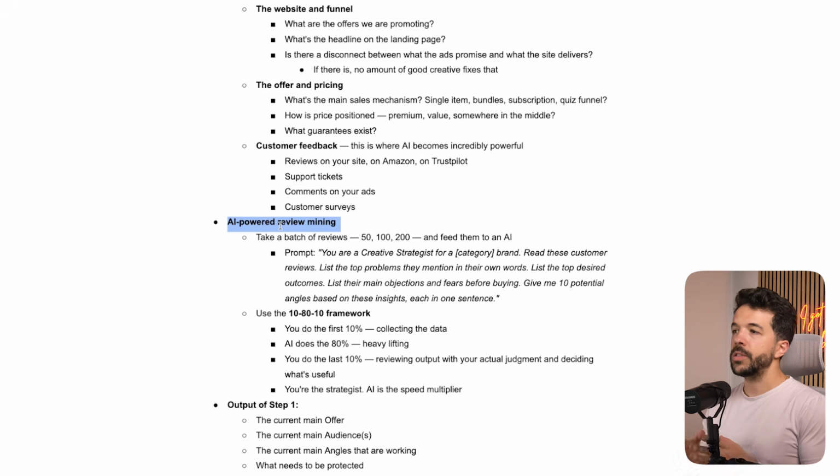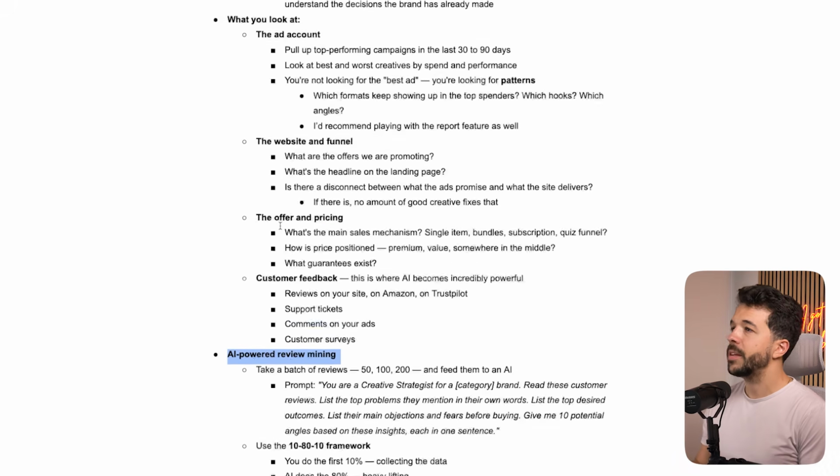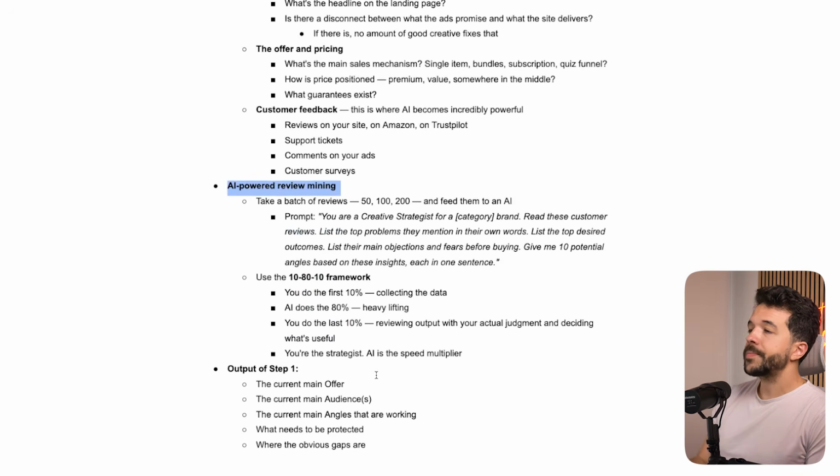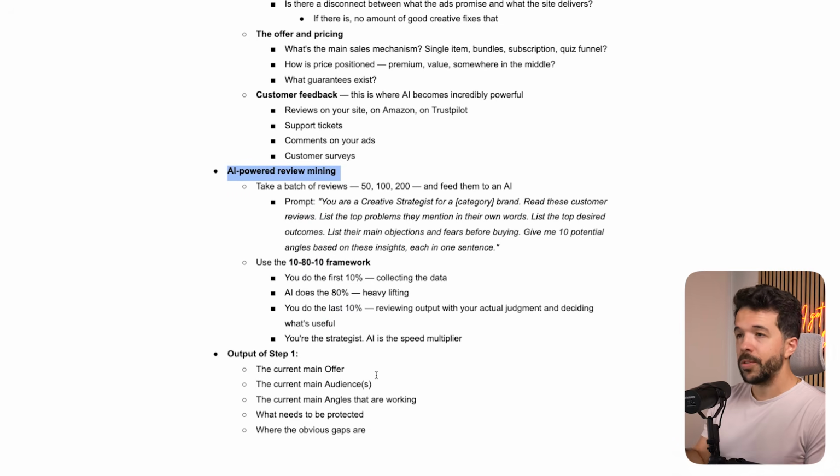But right now, to be completely honest, you can let AI analyze your ad account, your website and funnel, your offer and pricing, and your customer feedback. It's incredibly good that you understand the steps to get there, but right now with AI, you can really do a lot of things.